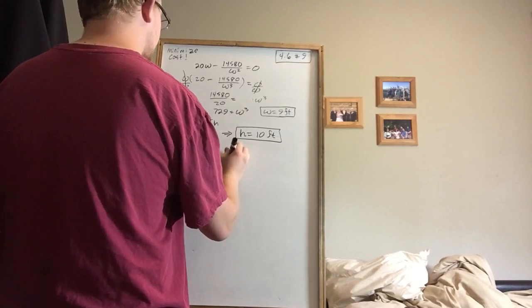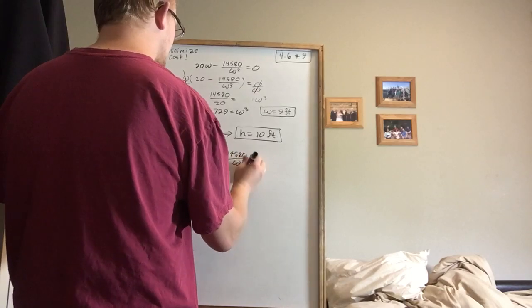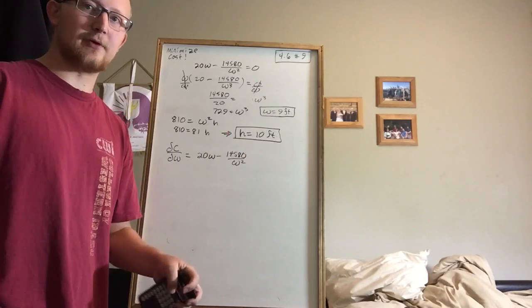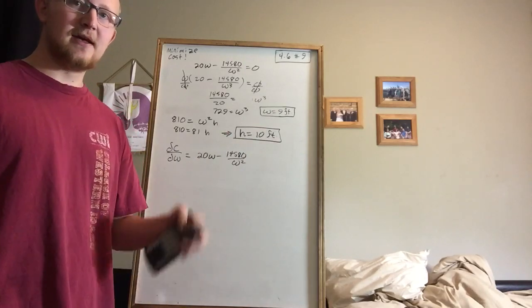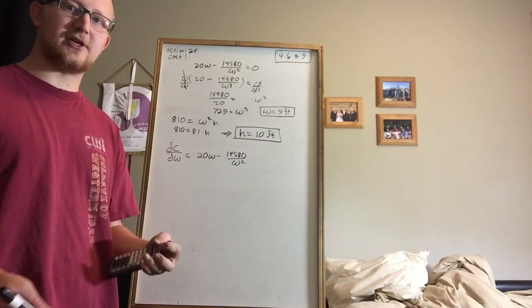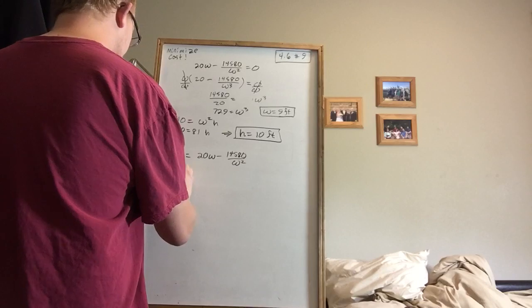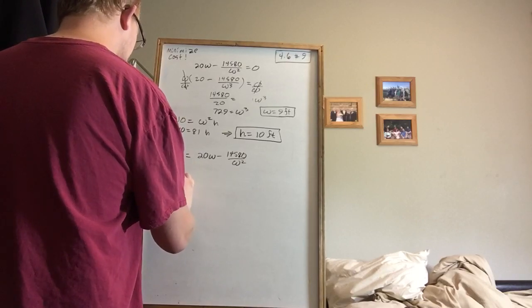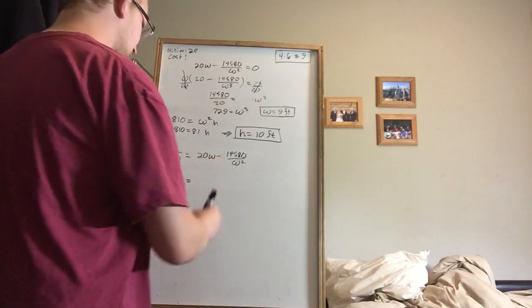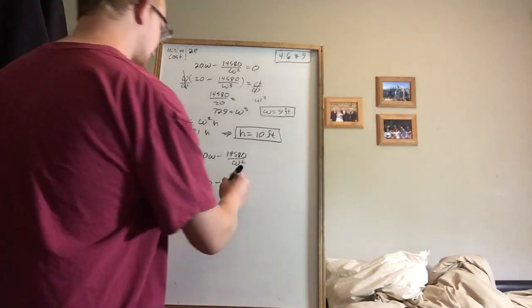20w minus 14,580 over w squared. And instead of setting it equal to 0, let's take the second derivative and look for concavity. If you're not sure what I mean by that, you may want to check out my video about graph sketching and concavity. So we're going to take the second derivative of cost with respect to width. And of course, the derivative of 20w is just 20 minus, let's write this out differently.